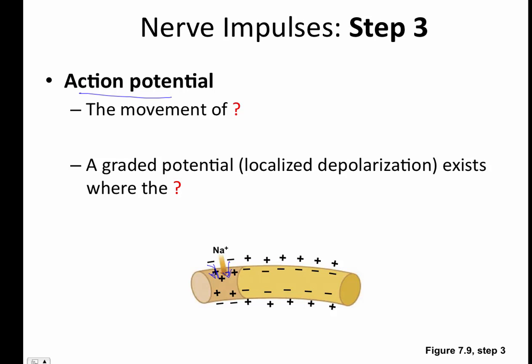So the action potential is the movement of ions. It's when the movement of ions initiates an action potential, which I'm just going to abbreviate as AP, in the neuron due to a stimulus.